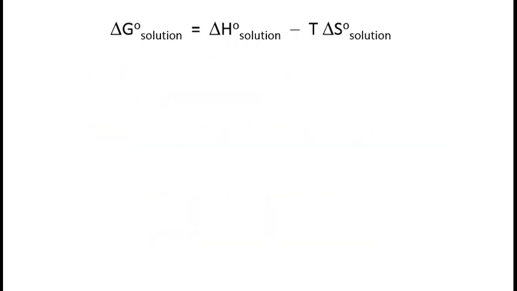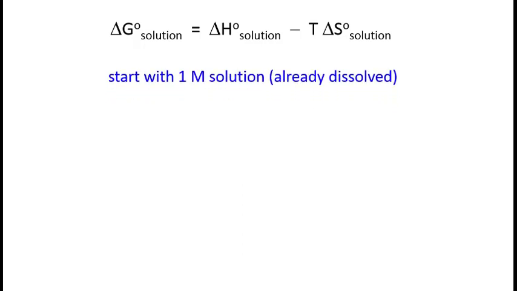Delta G0 solution is the standard free energy for a dissolving process. It is the spontaneity of a reaction starting at standard states, which for a solution is 1 molar concentration. In other words, if we already had a mole of solute dissolved in a liter of solution, is dissolving still spontaneous? Could we still get more solute to dissolve?